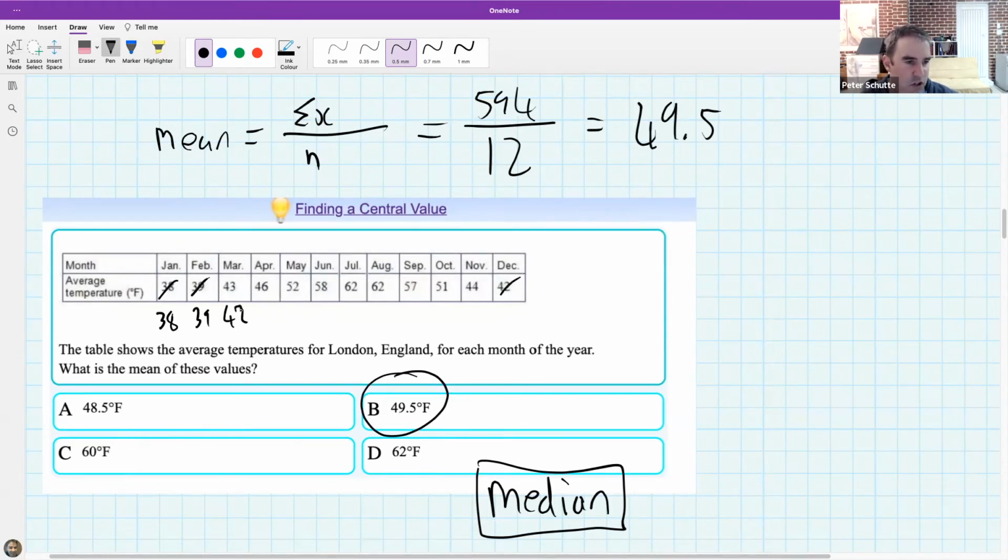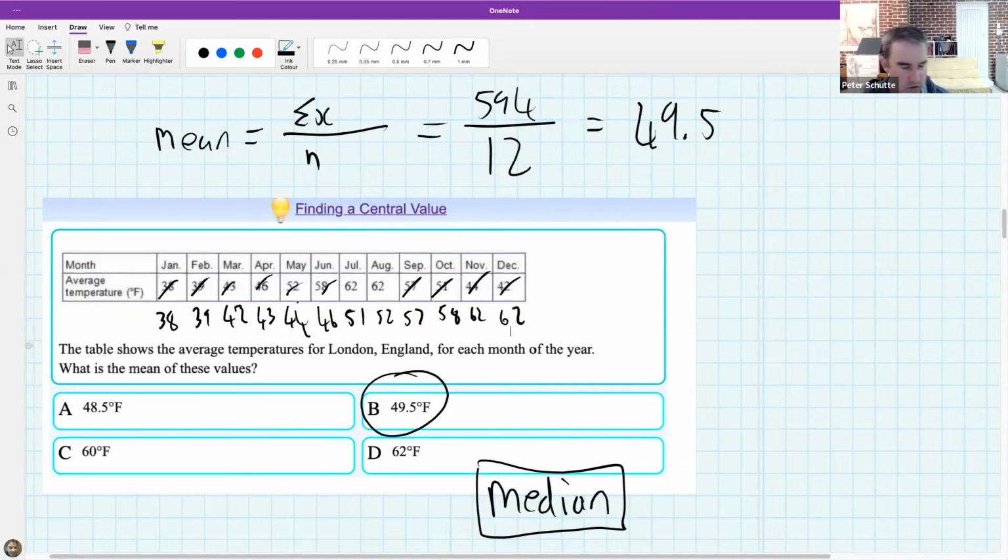That's my tip to get you going. Okay, so that's the data arranged from smallest to biggest. What is the next step?